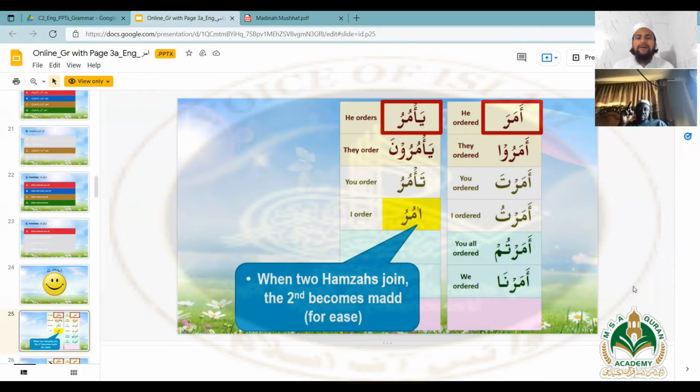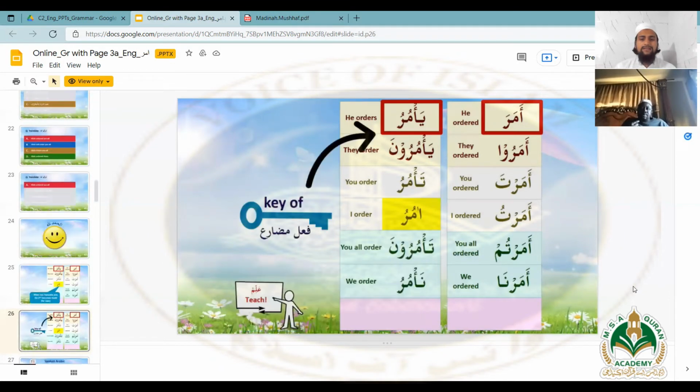But the two hamzas are back to back, so the second hamza became a mad letter, like a standing fatha equal to alif mad. So it became hamza alif saghira, amuru. That's why it's yellow and highlighted. Ta'muruna, na'muru.